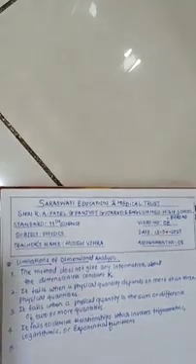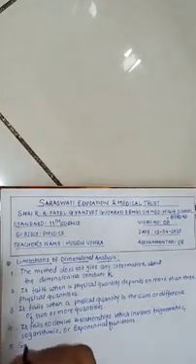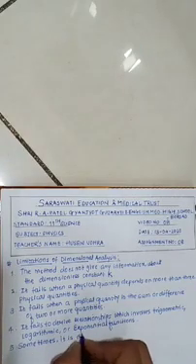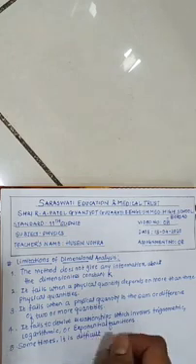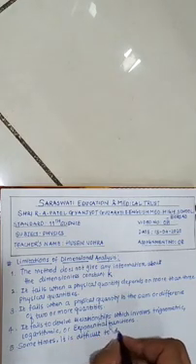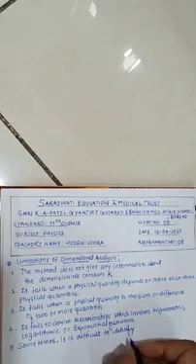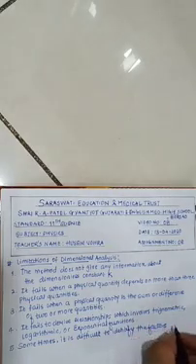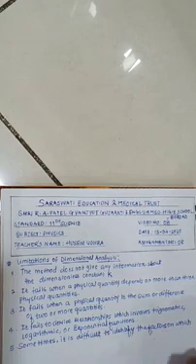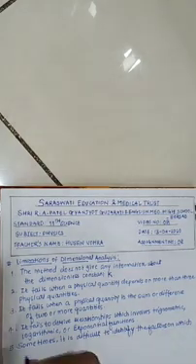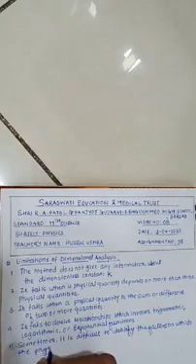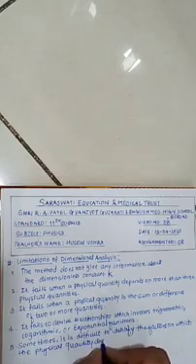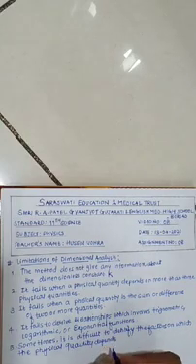Fifth, the last limitation: sometimes it is difficult to identify the factors on which the physical quantity depends. We cannot identify on which it depends.